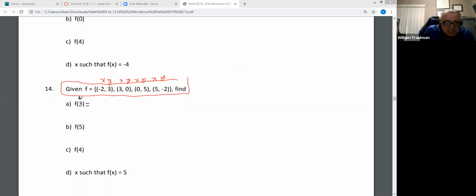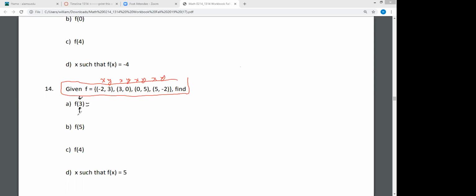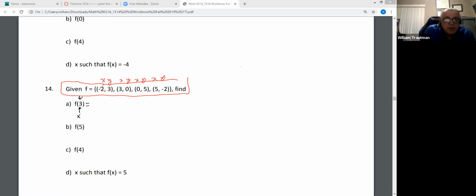What letter? X. It's the x value. Up here in the function, x equals 3 is right here. So the answer to x equals 3 is y equals 0. Do you see? We're just using the coordinates. When x is 3, y is 0.